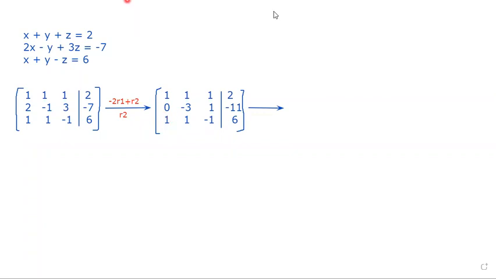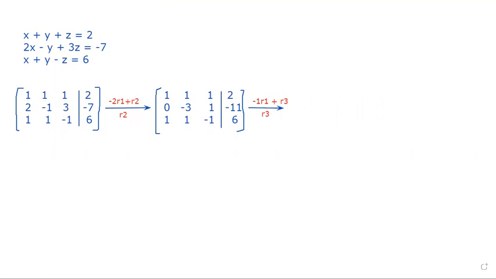All right, so what do we want to do? We want to say negative 1 times row 1 plus row 3, and that's going to give us a new row 3.